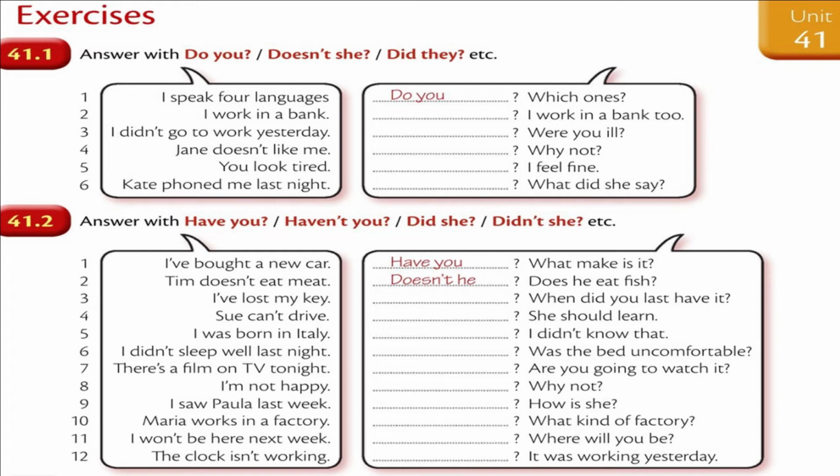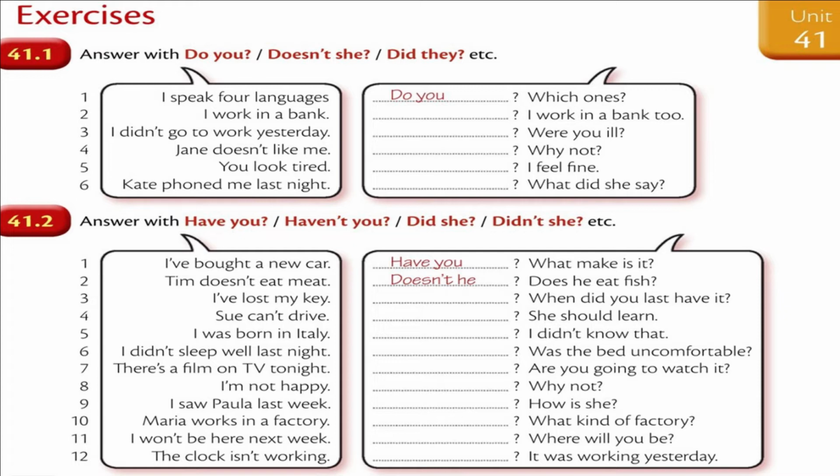Tim doesn't eat meat. Doesn't he? Does he eat fish? Number 3. I've lost my key. Have you? When did you last have it? Number 4. Sue can't drive. Can't she? She should learn.